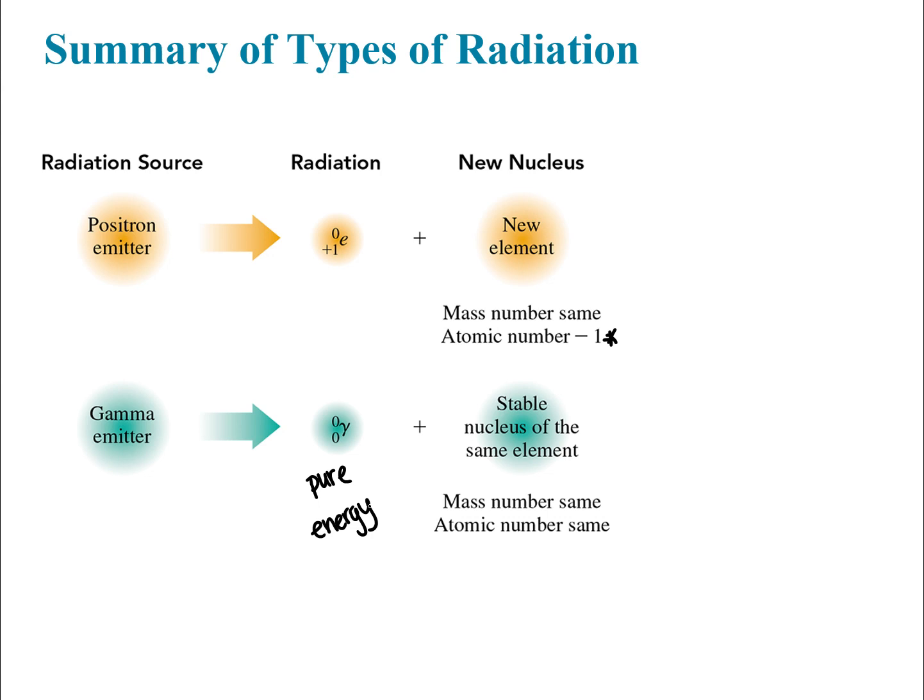You're just releasing energy. So an example of that, if you had a mass number of 99, let's say, an atomic number of 52, and you were this element, if you had extra energy, let me try writing that again because you can't see it very well.